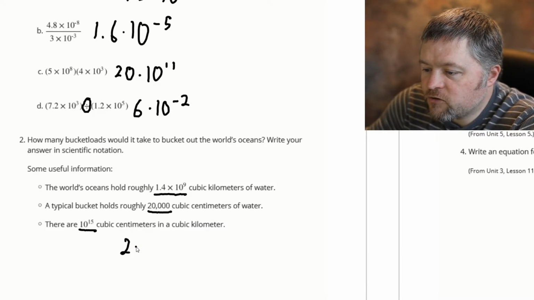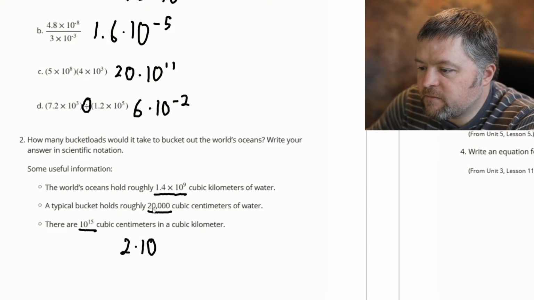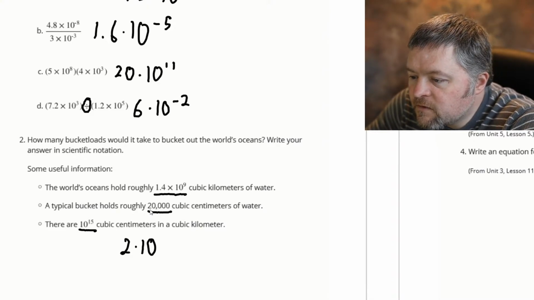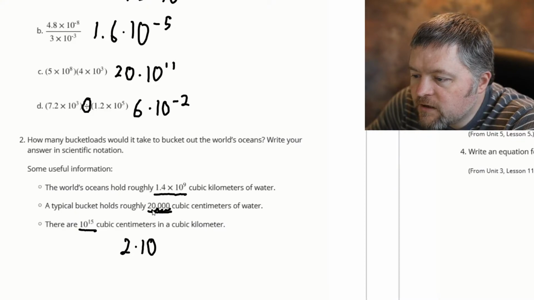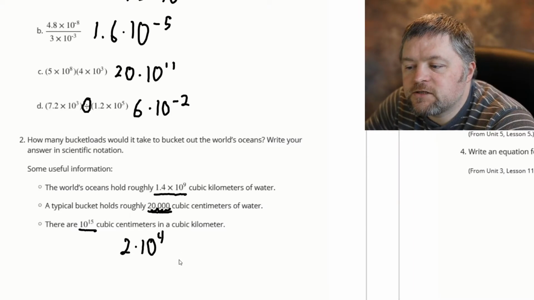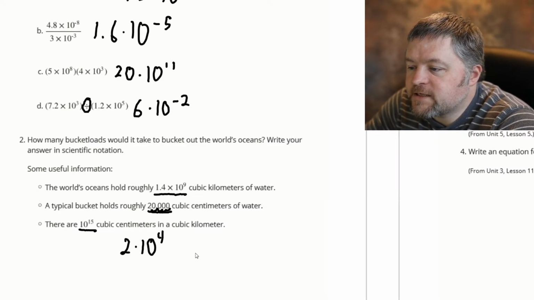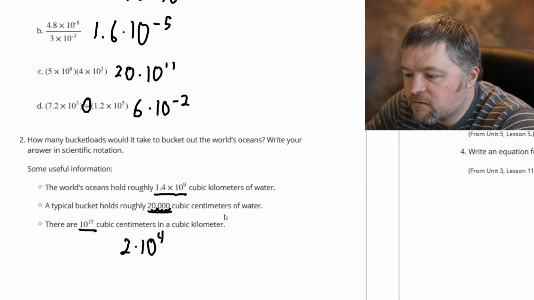That would be 2 times 10 to the power of 1, 2, 3, 4. 20,000 is 2 times 10 to the power of 4 cubic centimeters of water.